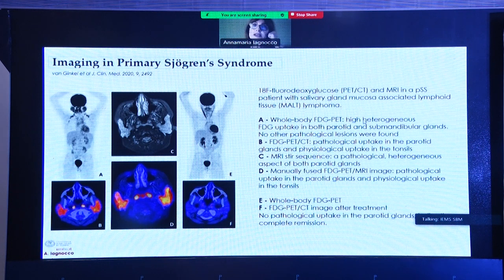This is a case of PET-CT scan and MR in patients with Sjogren's syndrome, and you see that those who had lymphoma had a pathological uptake in the parotid glands and also in the tonsils, and the MR sequences show this different uptake. And this is the result of the examinations that were repeated after treatment with no pathological uptake in the parotid.